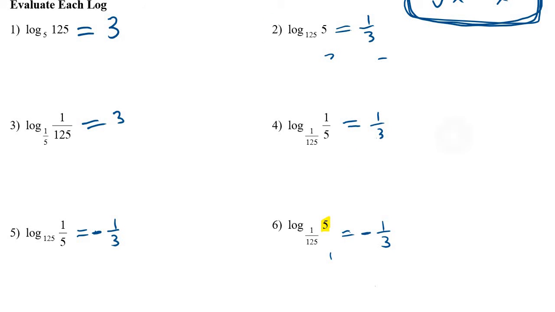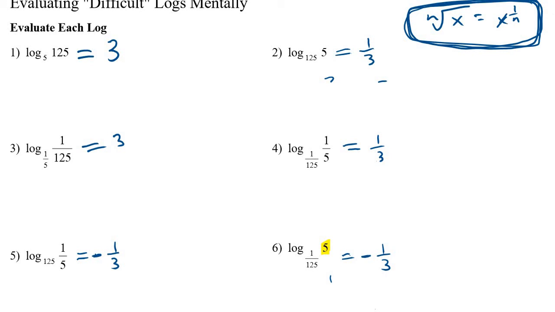When I'm going from a smaller number to a bigger number, I need a number that is bigger than 1 as a power. Okay, we got that. If the number is bigger at the base of the log, then I need a root.